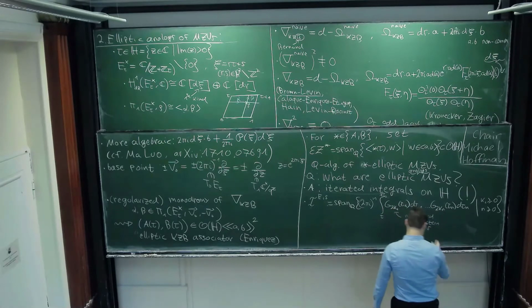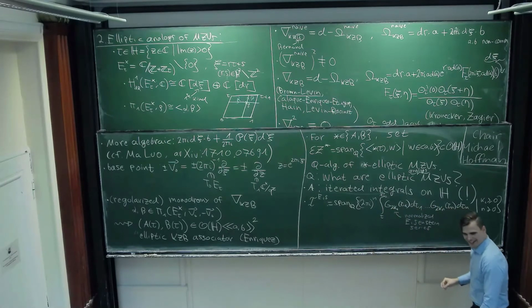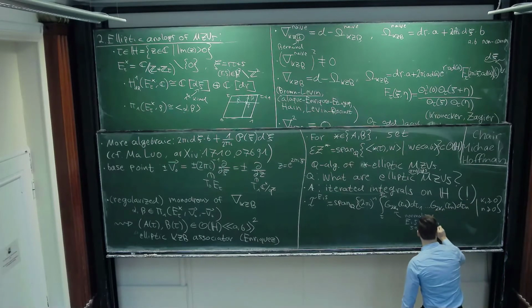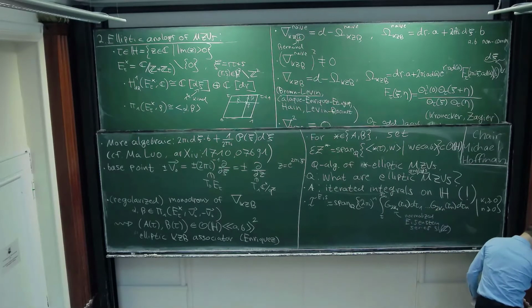You say k_i is greater than or equal to 0. Right. What would it be if it was 0? Minus 1. Minus 1, for SL2Z. No, it's going to be minus 1, yeah. Convention.